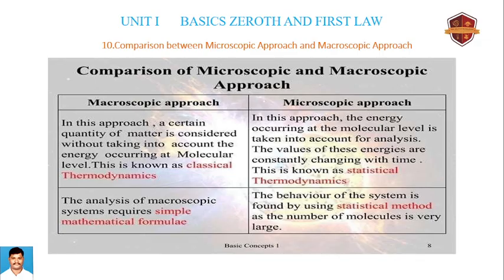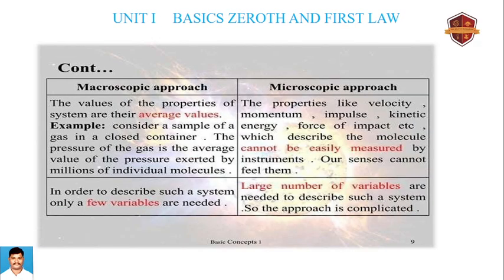The values of these energies are constantly changing with time. This is known as statistical thermodynamics. Simple mathematical formulas, this is the statistical method. The values of the properties of the system are their average values.